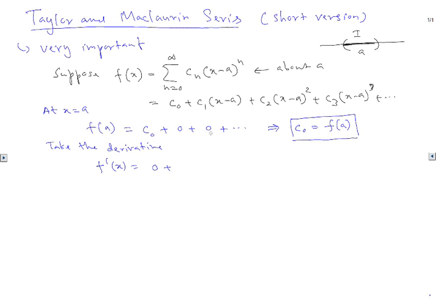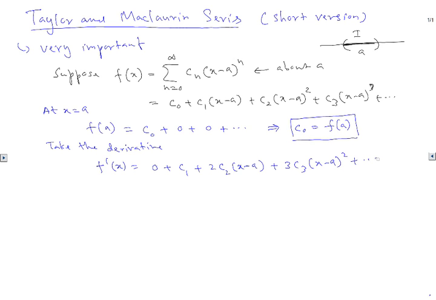The second one gives you c1, because the derivative of x minus a is 1, plus from the second term you get 2 times c2 (x minus a), plus 3 c3 (x minus a) squared, like that.